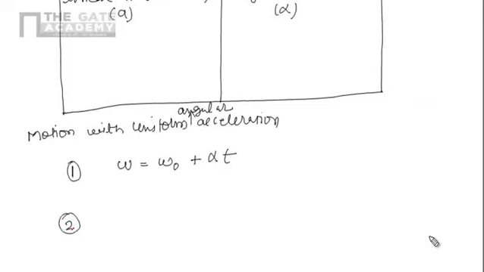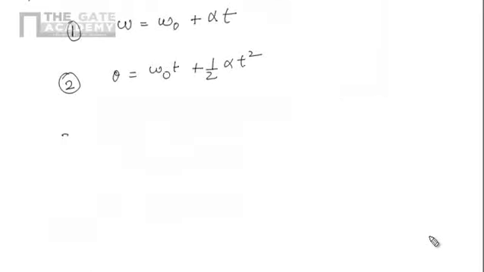Similarly, the second equation we can write for circular motion with uniform angular acceleration, that is theta equals omega naught t plus 1 by 2 alpha t square. Similarly, we know the same equation for translatory motion, that is s equals ut plus 1 by 2 at square.